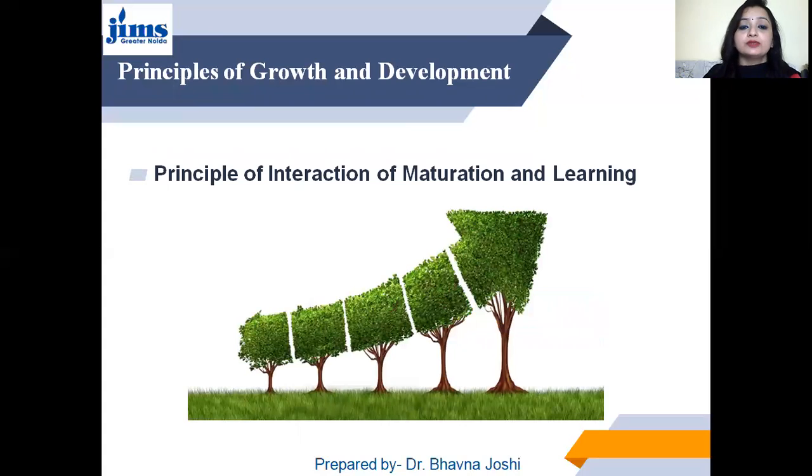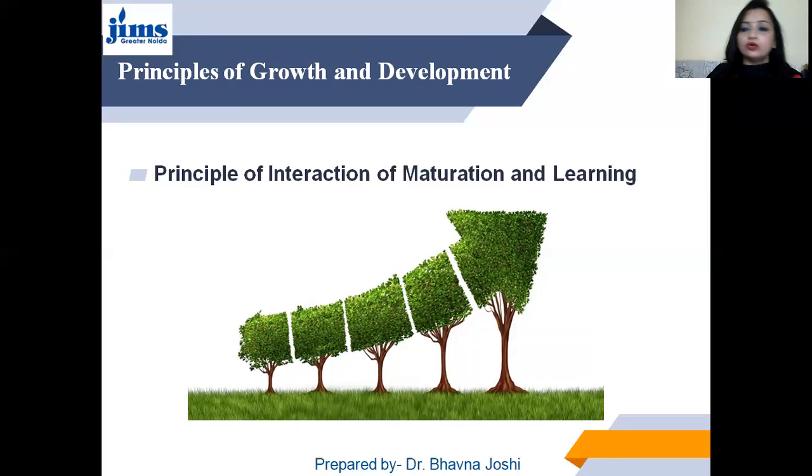Next is the principle of interaction of maturation and learning. See, growth and development occurs both as a result of maturation and learning. Maturation refers to the changes in the developing organism due to the unfolding of abilities, traits, and potentialities present at the time of birth.